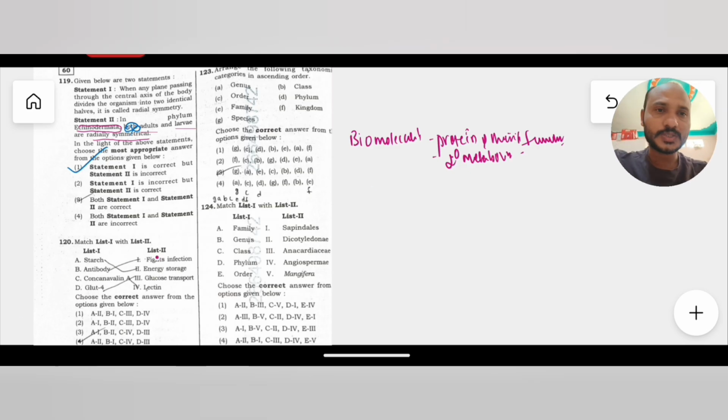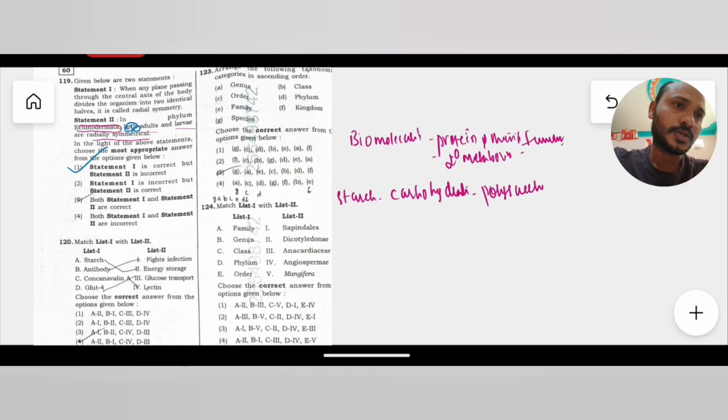We know that starch is a major energy source. Starch is a carbohydrate biomolecule belonging to the polysaccharides, and it has an energy storage function.